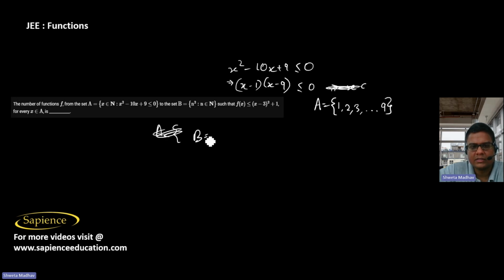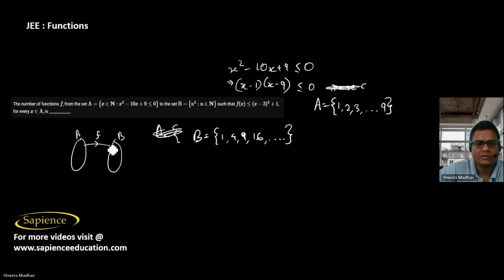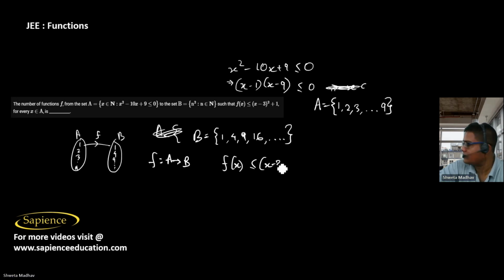And the set B is the set of n square, so the squares of all the natural numbers, that is 1, 4, 9, 16, etc. And it is told that f is a function which maps from the set A to B. A contains 1, 2, 3 till 9, and B contains 1, 4, 9, etc. So this function f maps from A to B such that f of x is less than or equal to (x minus 3) whole square plus 1.